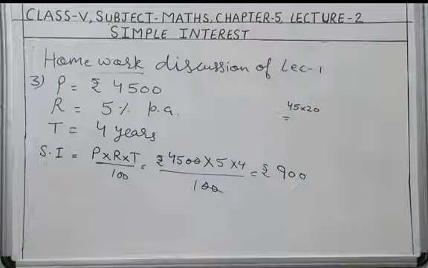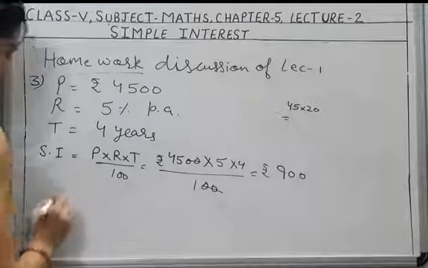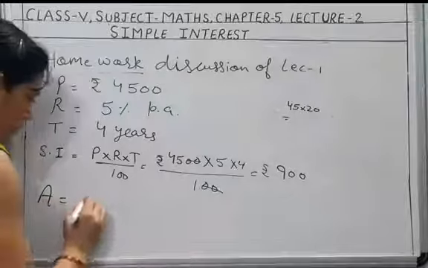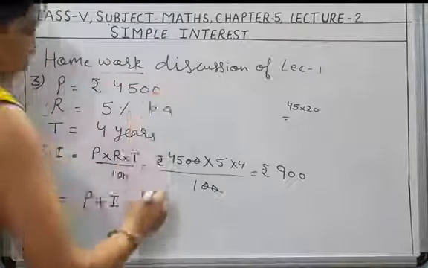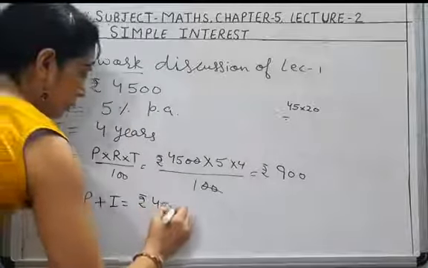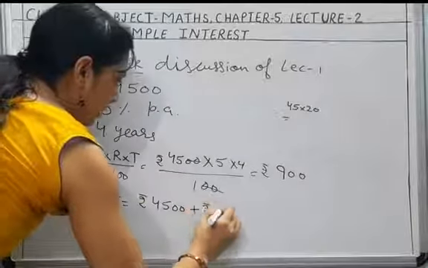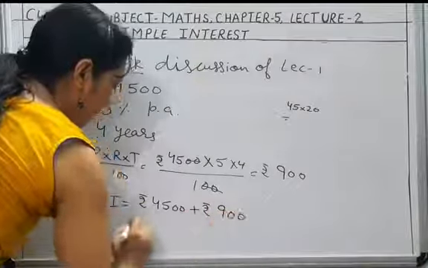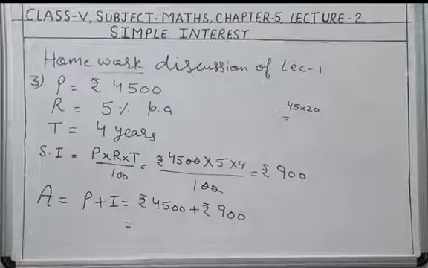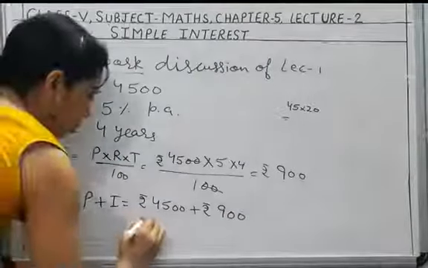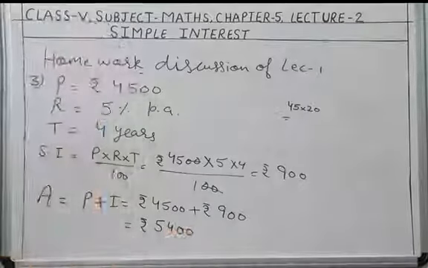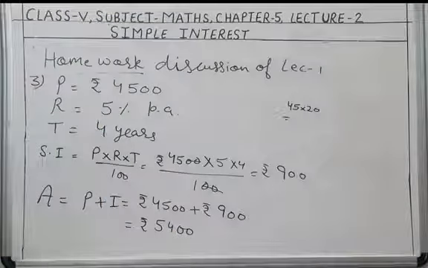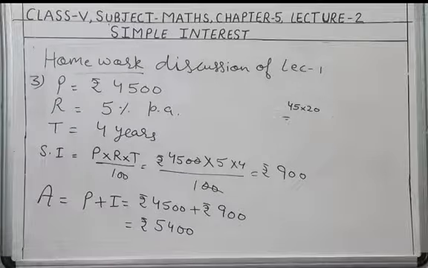So simple interest is rupees 900. And amount is principal plus interest. So rupees 4,500 plus rupees 900. 45 plus 9 is 54. So it will become rupees 5,400. Okay. So this is the amount which Meera had to pay.